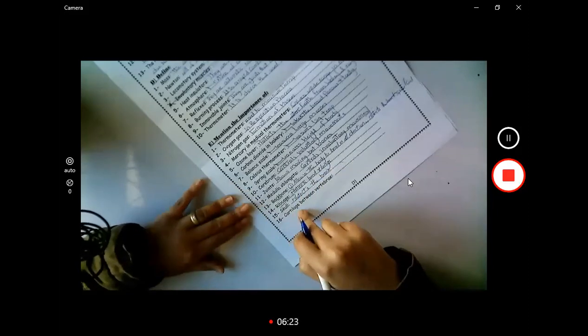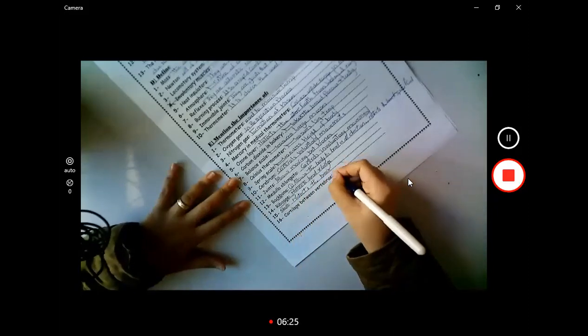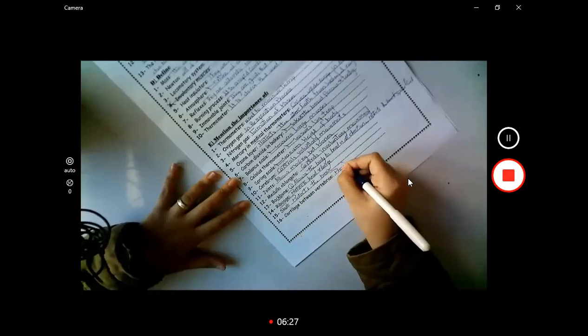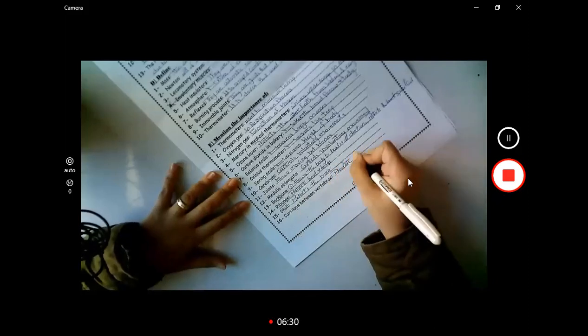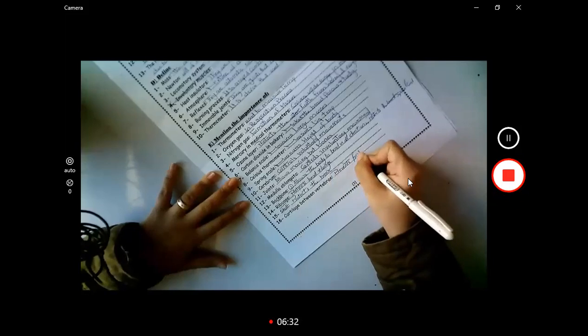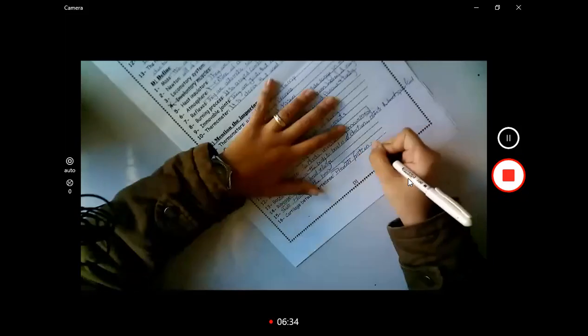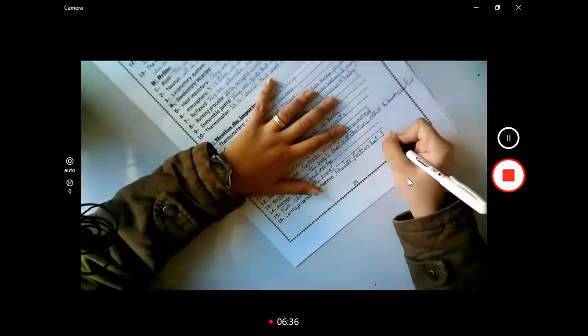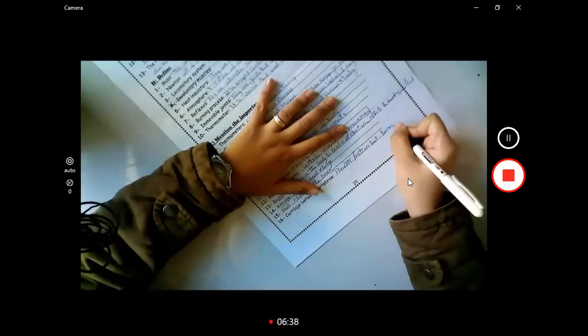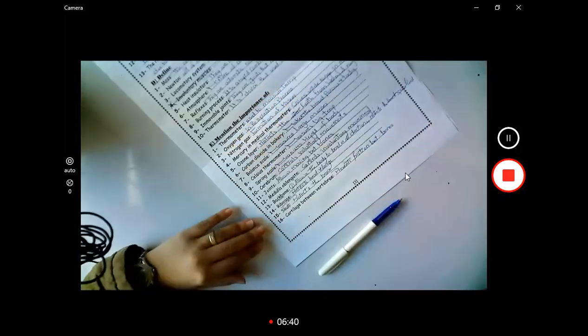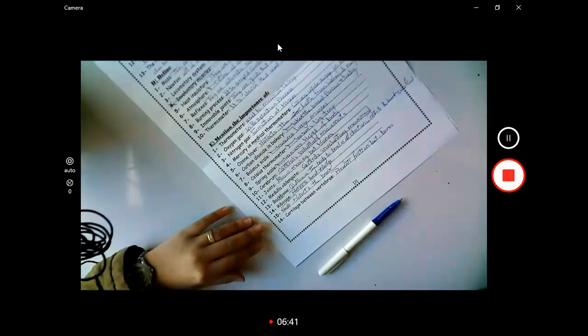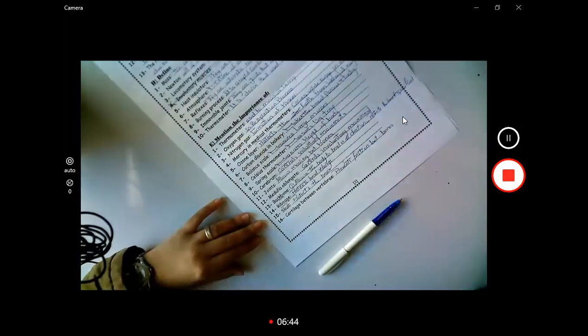Cartilage between vertebrae prevents friction between bones. Okay.